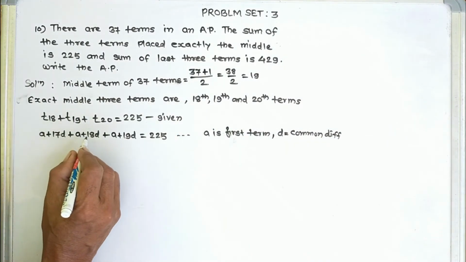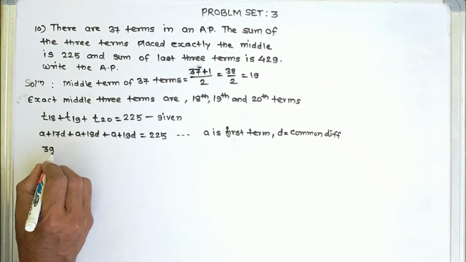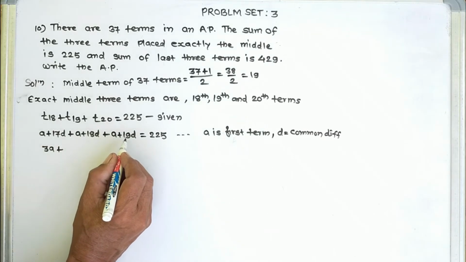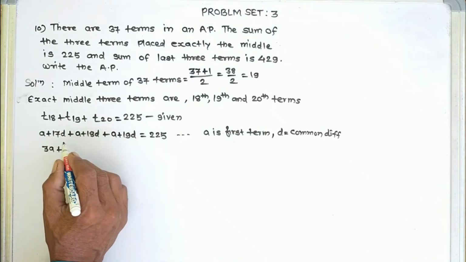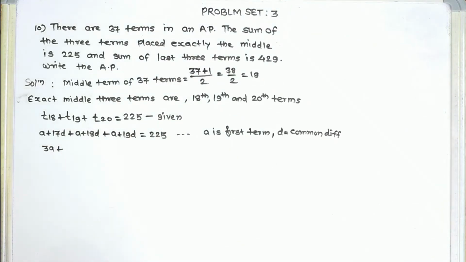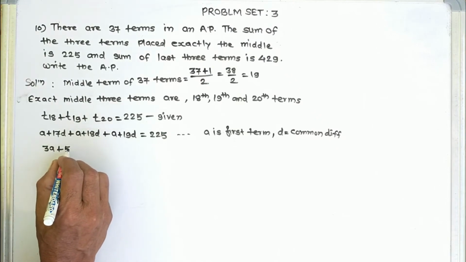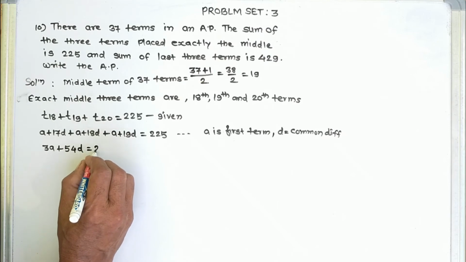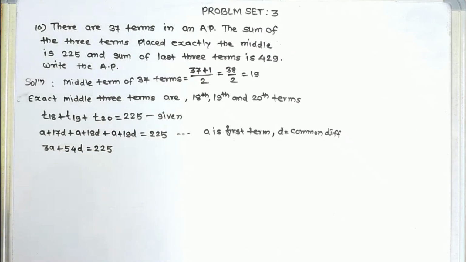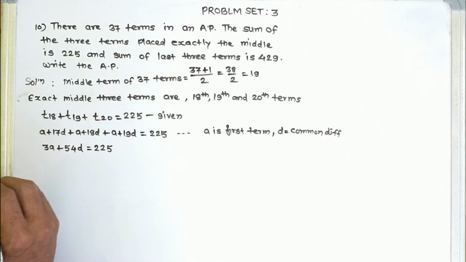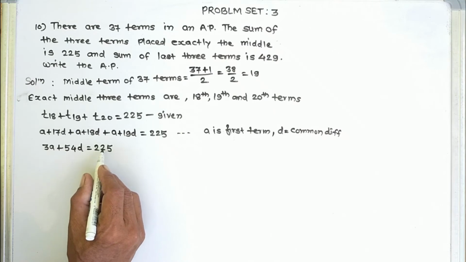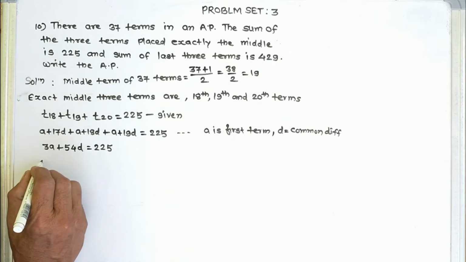Now a plus a plus a, this will be 3a, plus 17 plus 18 plus 19, this will be 54d, which will be equal to 225. Here we can divide by 3.